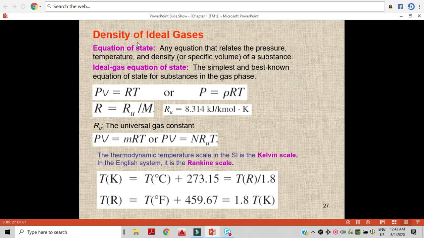So what is an equation of state? Any equation that relates the pressure, temperature and density of a substance is known as an equation of state.